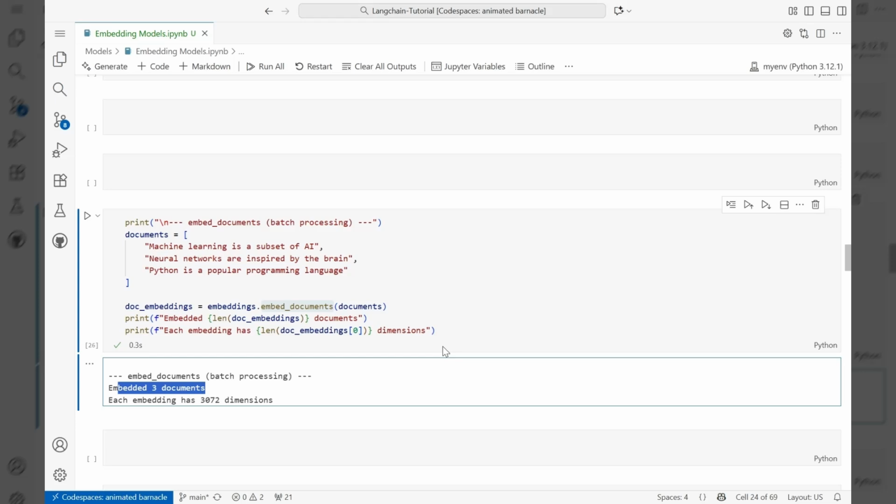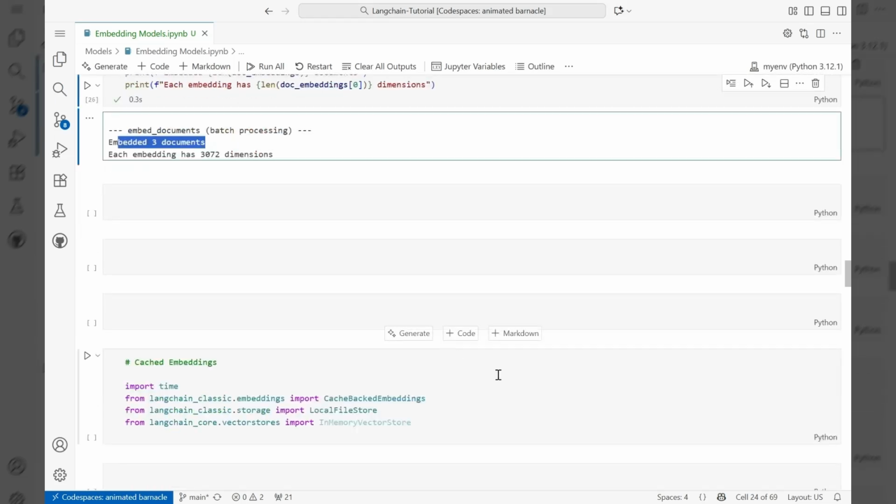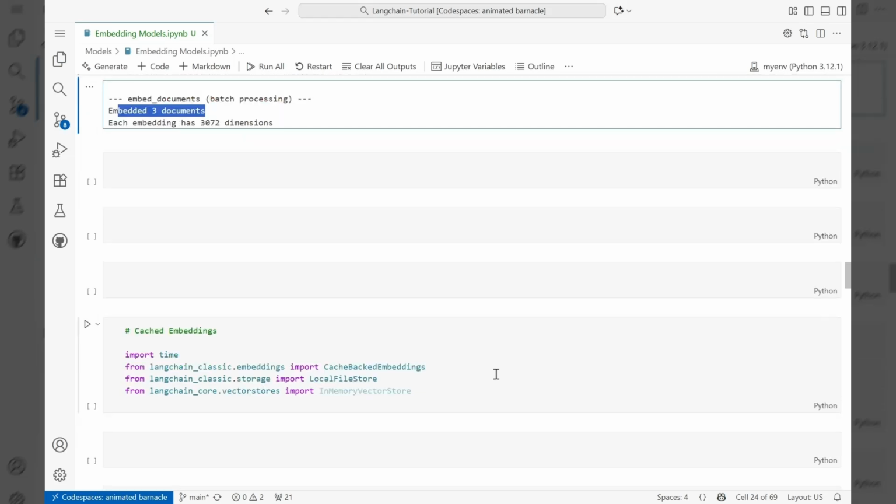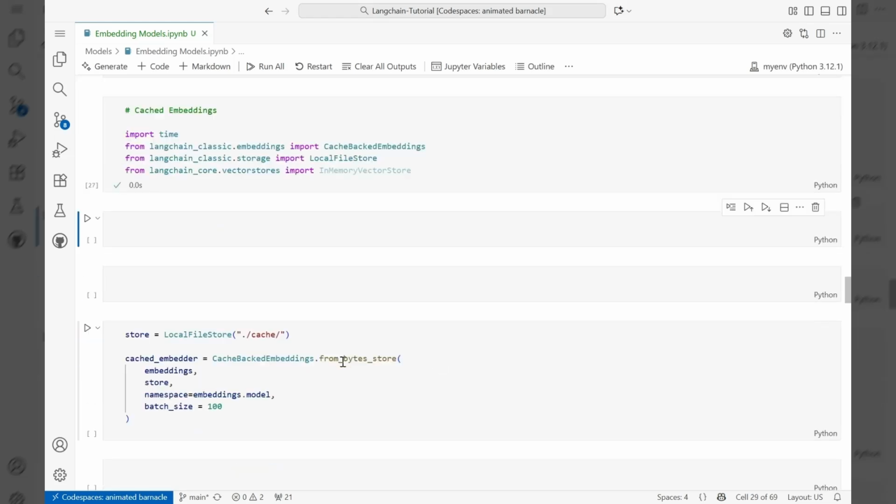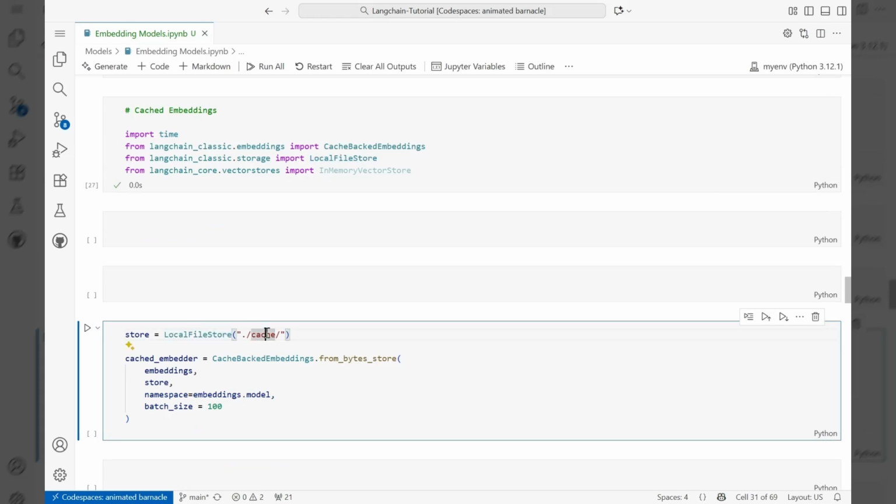Caching means we will store the already created embeddings in some place. It may be your database, it may be your local file store, it may be anywhere. You may store in Redis, you may store in a database. Let me first import, and first I need to create a local file store where I will store my embeddings.